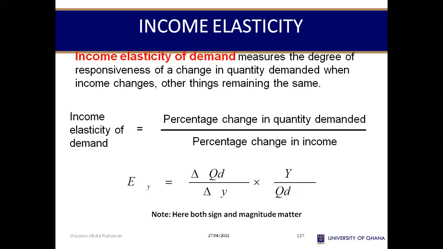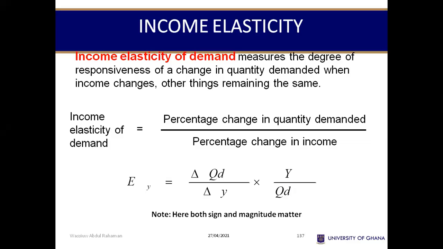Right, so please take that down. Note that if it is positive but less than 1, then the commodity is a necessity. So it is a normal good, but within normal, it is a necessity, if it's less than 1. If it is greater than 1, then it is seen as a luxury.